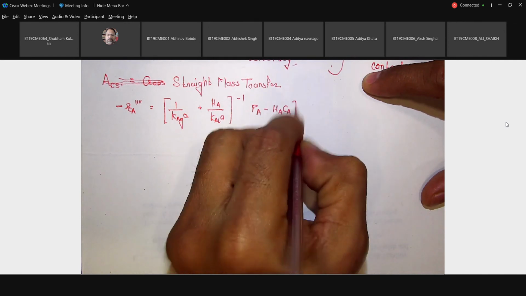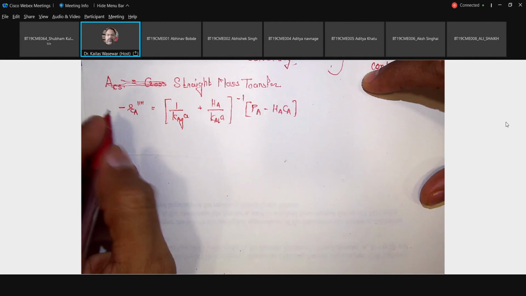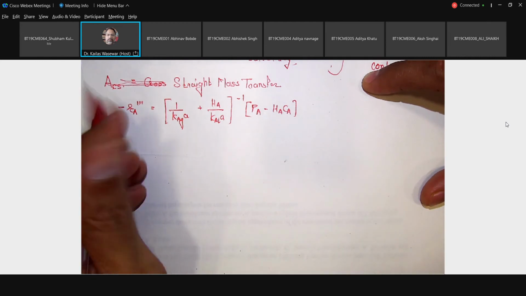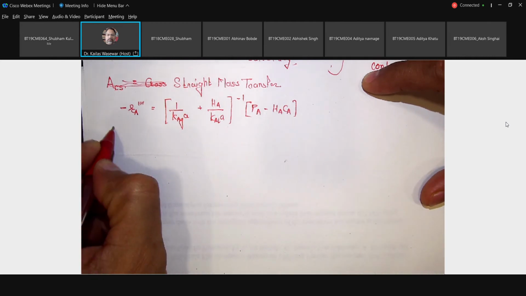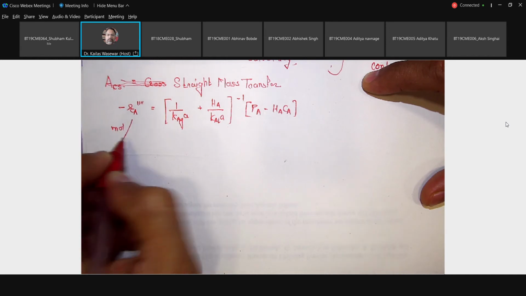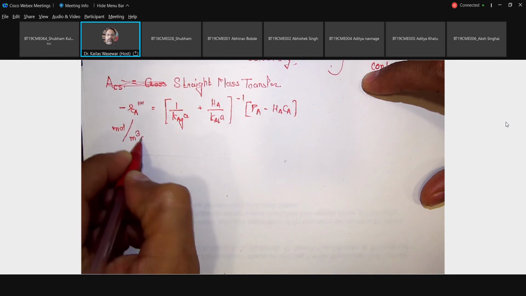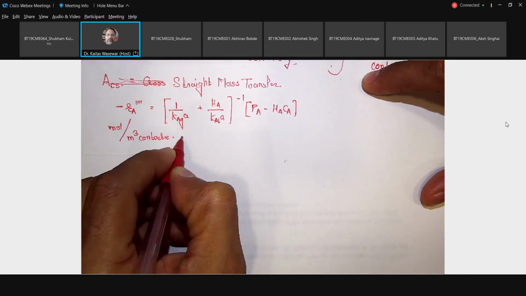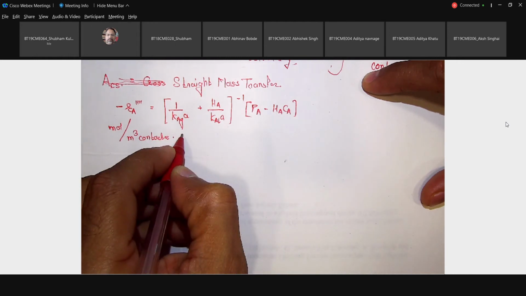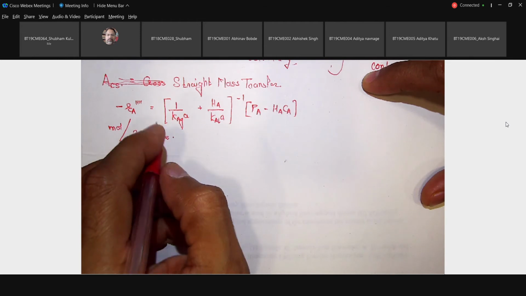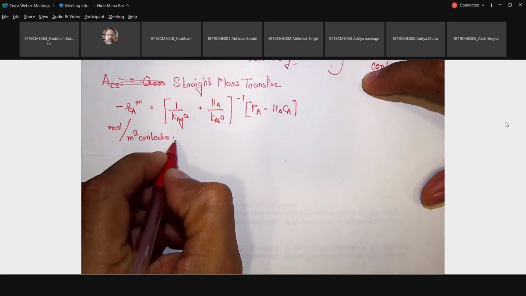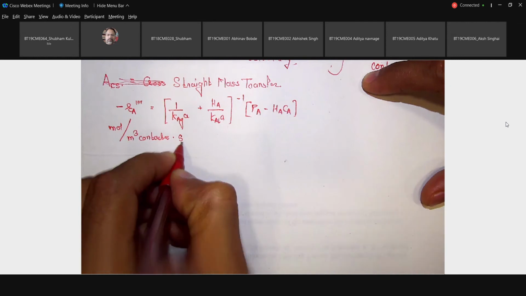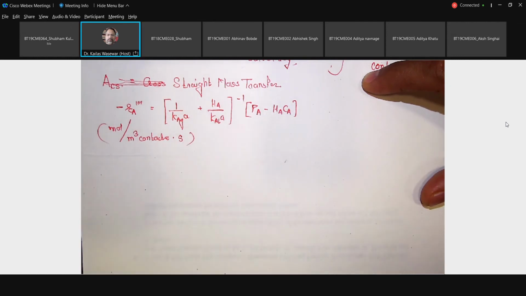It has the unit of mole per unit meter cube of contactor, that means contactor volume, and per unit time.